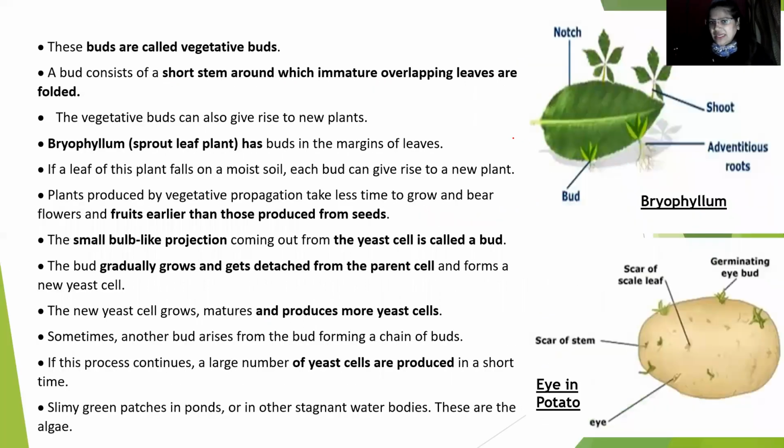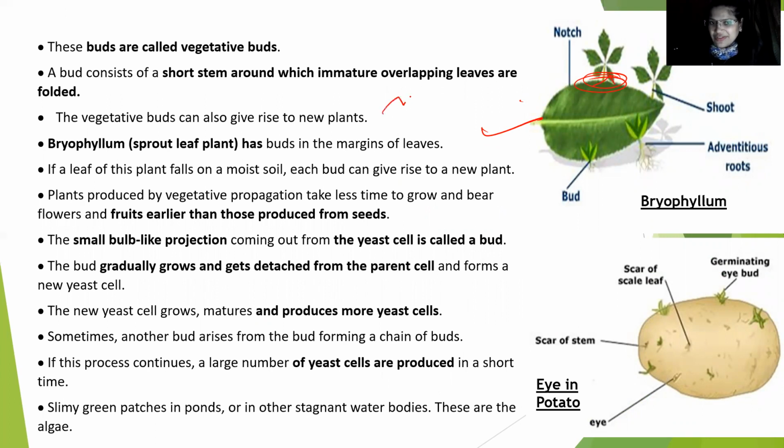If we see the case of a bryophyllum leaf, when it comes out of the plant and you sow it into the soil, it develops little buds from the notches.